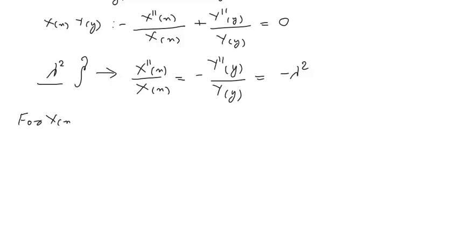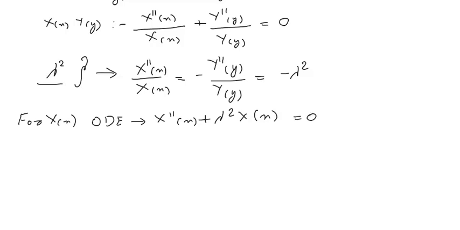For X(x), the ordinary differential equation, which we call ODE, is X double prime of x plus lambda square X of x is equal to 0.